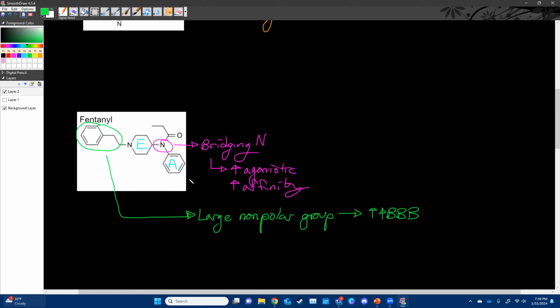And so this is actually the key component of fentanyl. Fentanyl is not a morphinian, so it doesn't have that huge activity that we would expect of something like oxycodone. But because of this combination of this really strong pull on the nitrogen, where it really wants to bind into that receptor, and then adding this benzene ring, we're able to get fentanyl to do what we want.